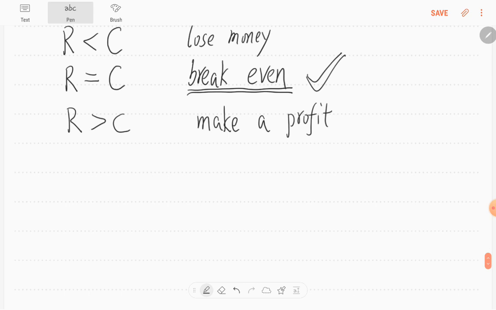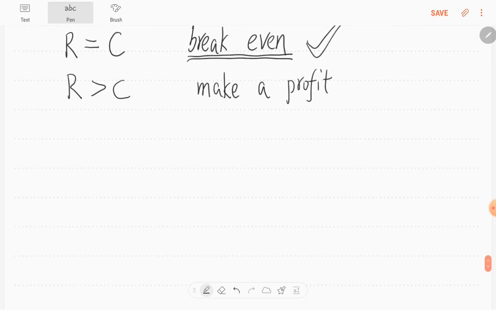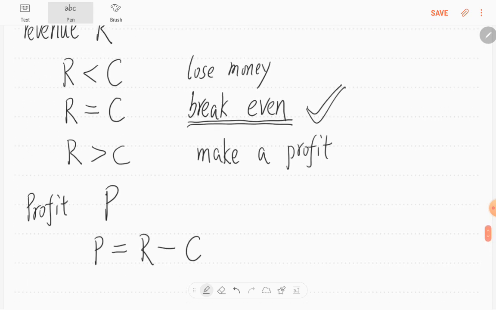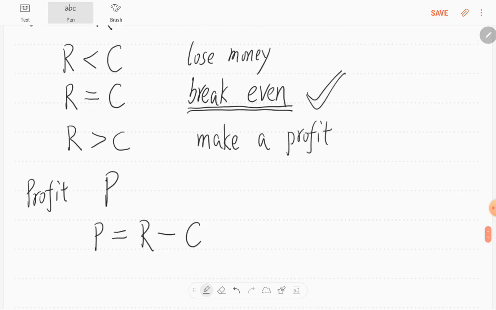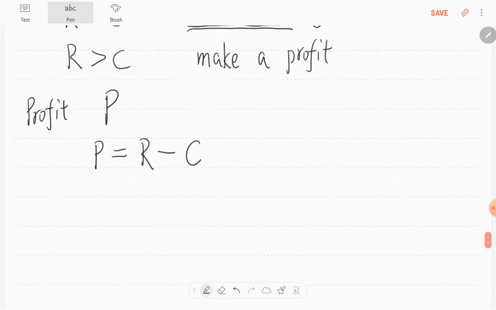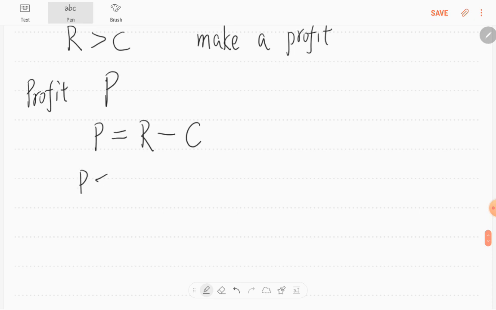So what is the profit? We use P to denote the profit. The profit is equal to the revenue minus C, right? In other words, if R is less than C, then R minus C would be less than 0. So if the profit P is less than 0, that means the company loses money.